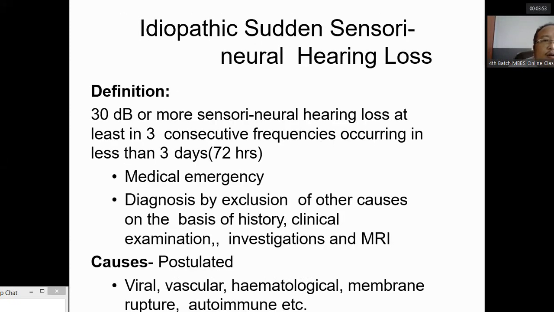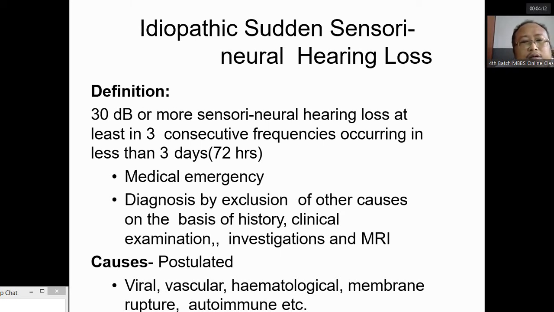Another component of sensorineural hearing loss is idiopathic sensorineural hearing loss, or sometimes we call it sudden sensorineural hearing loss. This is one of the important topics.